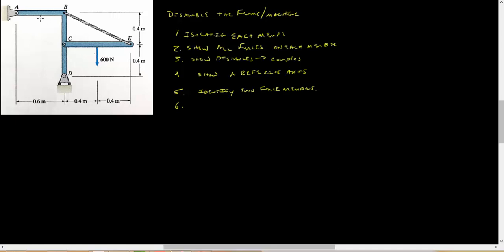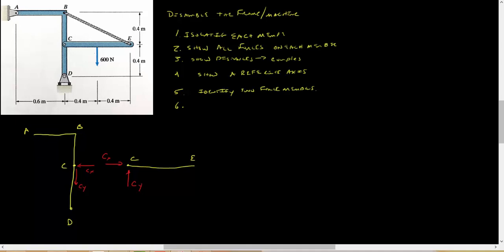So for instance, if I was looking at A, B, C, D, that member there, which is all one piece of metal or whatever material that is, and then you had C and E. If I was to look at the forces, let's say this is CY and this was CX, I would go opposite and equal on the other member that I was looking at.